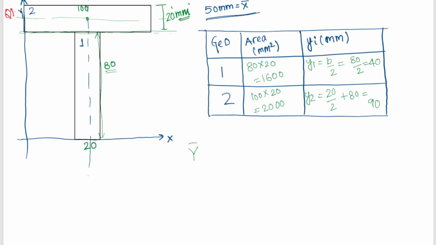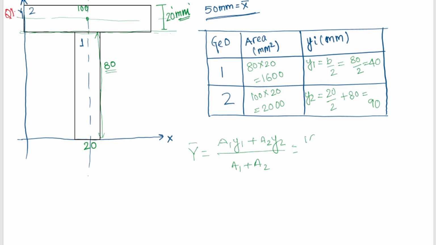Y bar is equal to, now the areas are only added, so we are going to use the addition formula: a1 y1 plus a2 y2 divided by a1 plus a2. Let's take the values from the table.